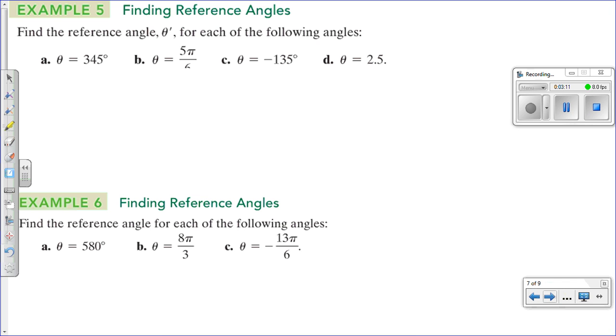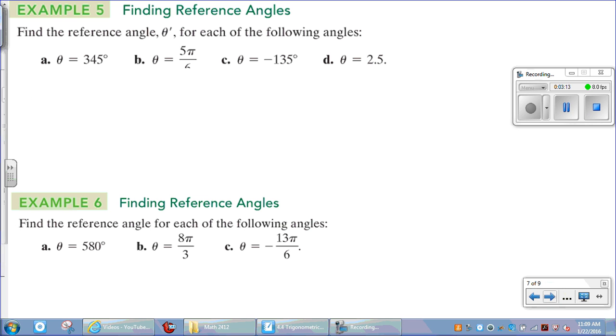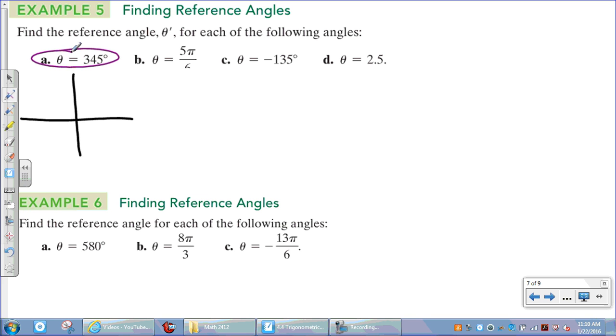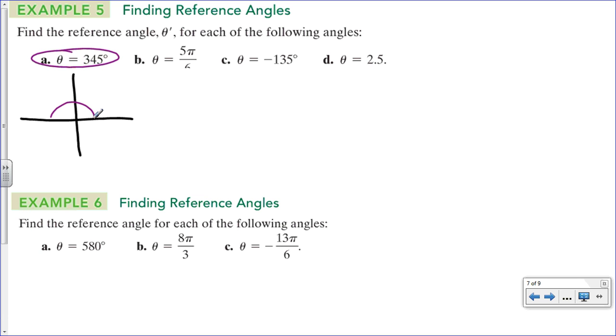We have the angle 345. That's our original angle, theta. So I'm going to go ahead and make a little picture of that. We know a complete rotation in degrees is what? 360. So we know we're going to be a little bit before we get to 360, right?